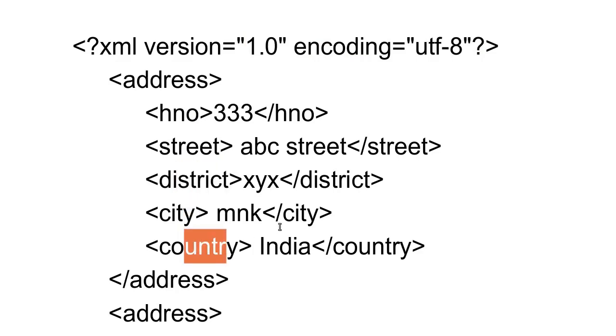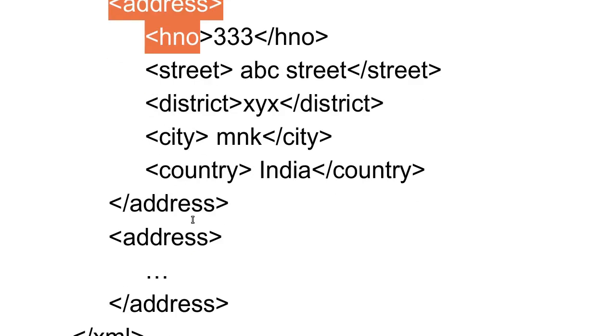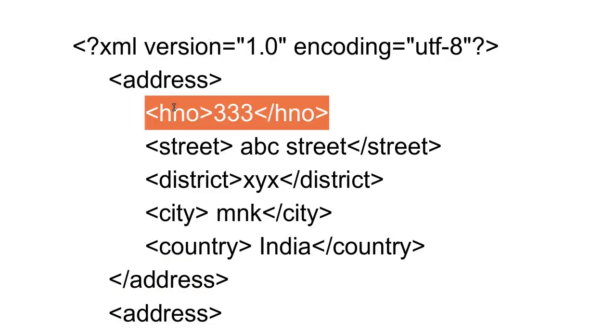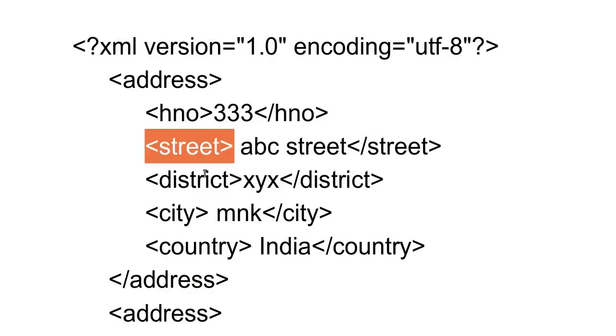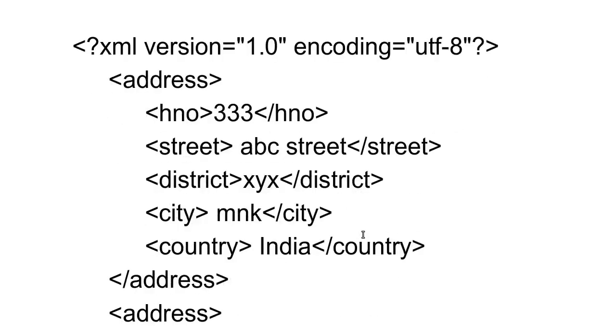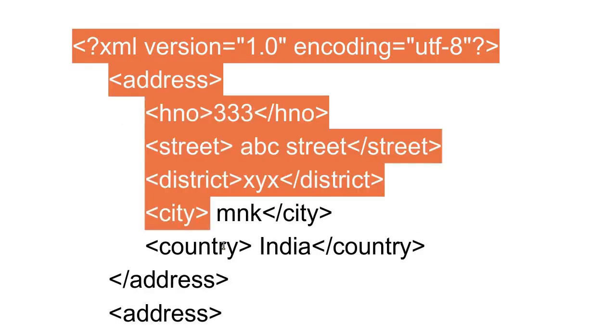We have one node, address, and after the address we have house number and state. Those would be the branches, and we can have any number of branches. Suppose we have a street, and in the street we also have some parameters. That is what we call the XML file. For the layout we need this kind of XML file.